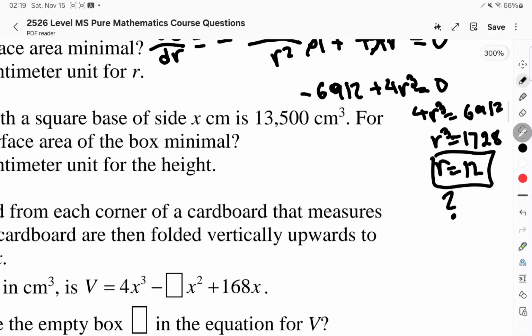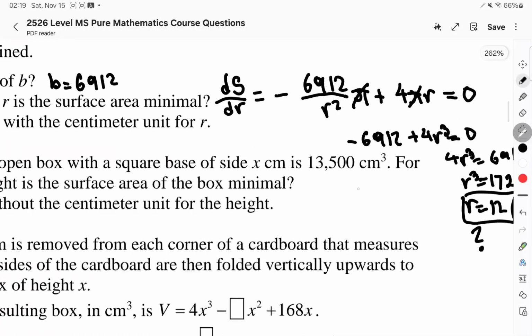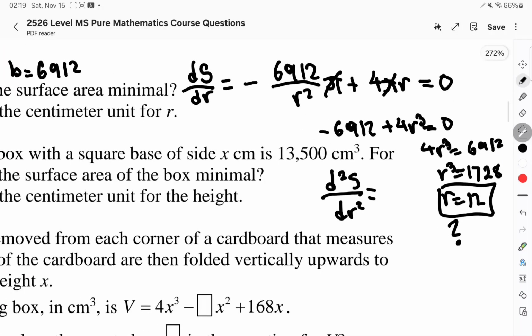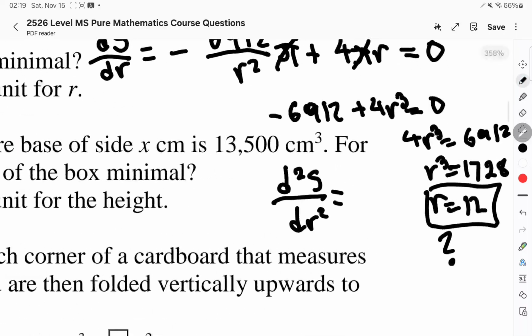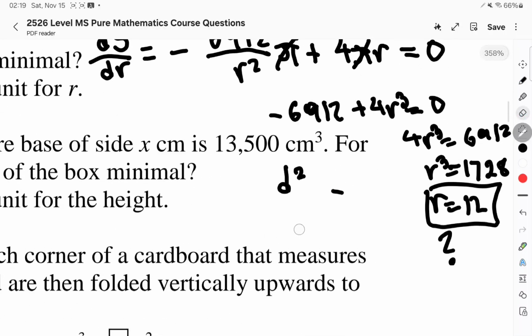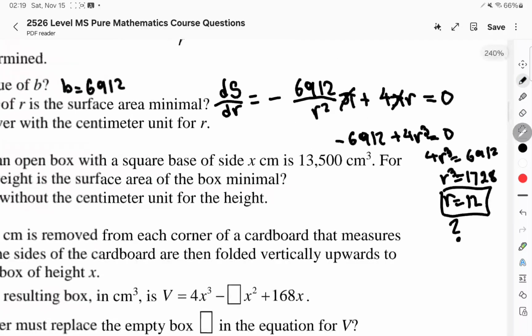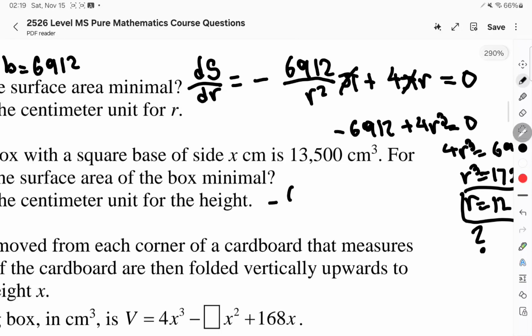Now, is this a minimum? Let's find out. We'll get the second derivative. D squared s over dr squared is equal to, how do you get the second derivative? It's not that hard. We just take the second derivative of this: minus 6912 r to the power of minus 2 plus 4 pi r, and we derive it.